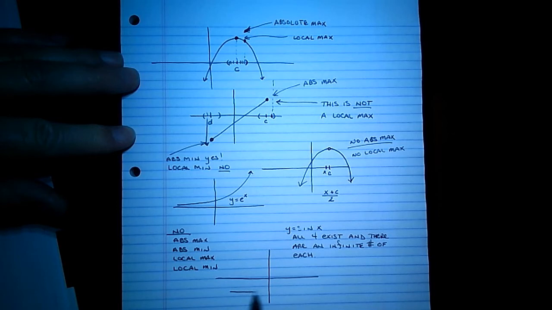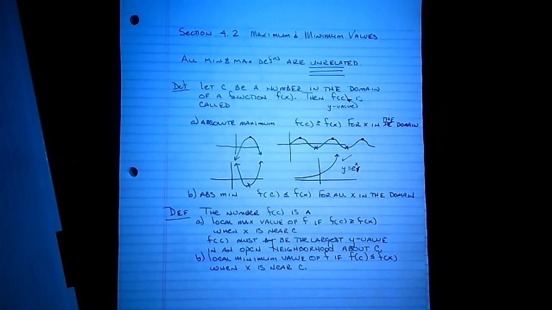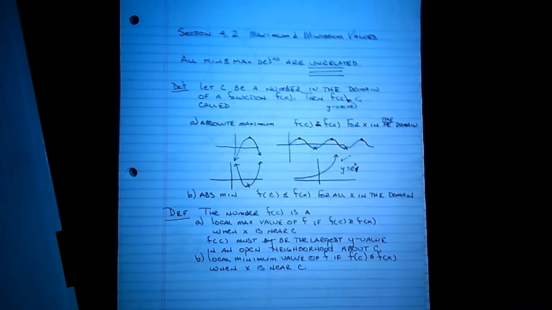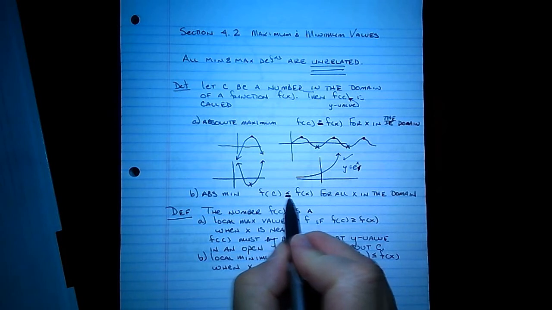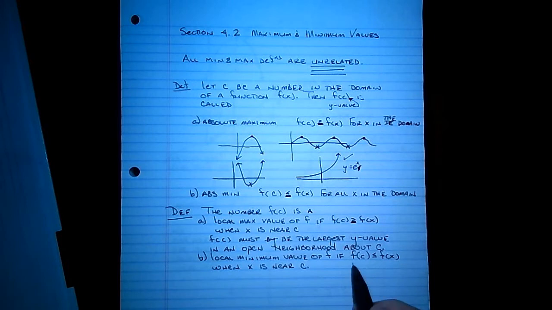So, what do we need to draw? Well, let's just draw a constant function, a function that goes like this, where we get y equals c. And what do we know about this point? Well, that y value is greater than or equal to, that's the important thing. Back in the definition, you may not have paid a lot of attention to it as we were writing it down, but it was greater than or equal to, less than or equal to.